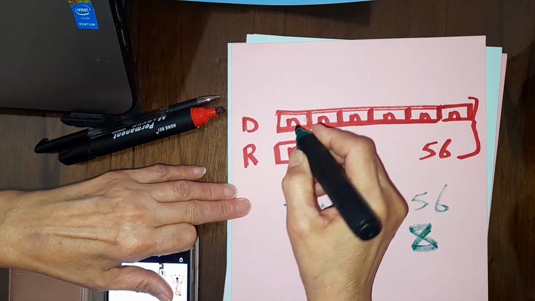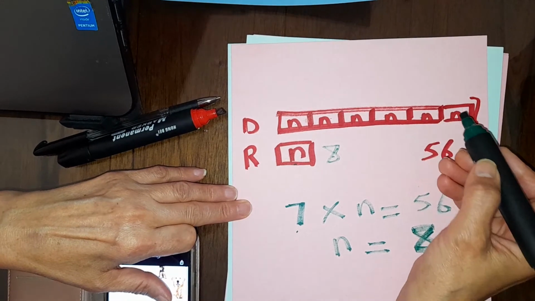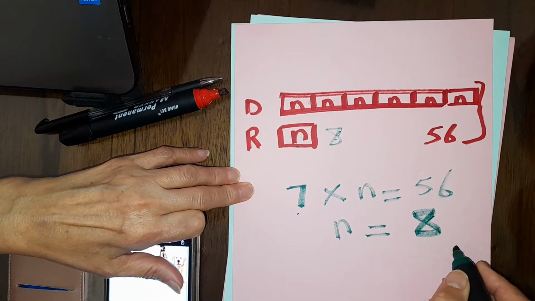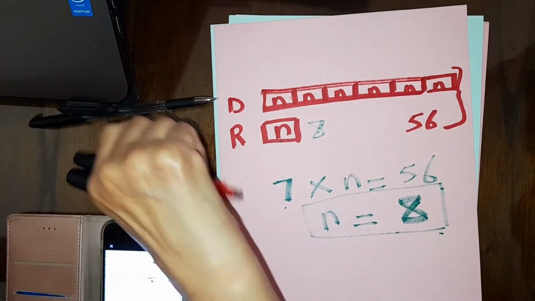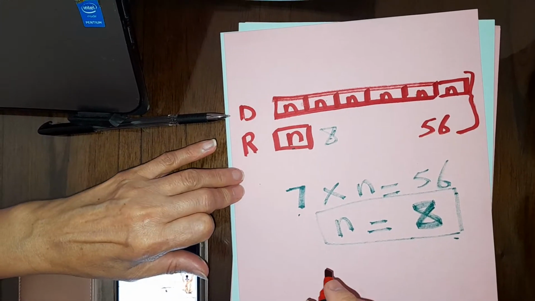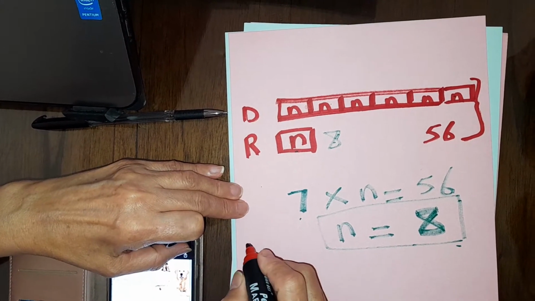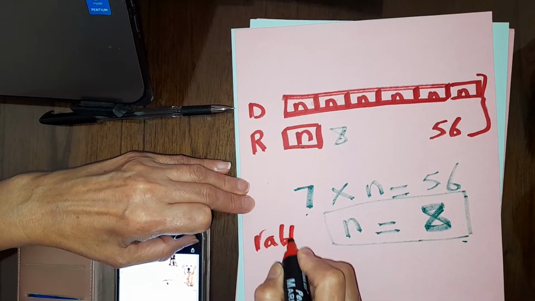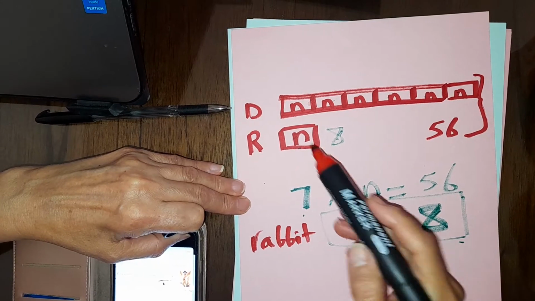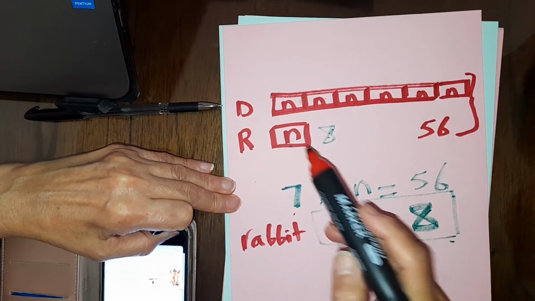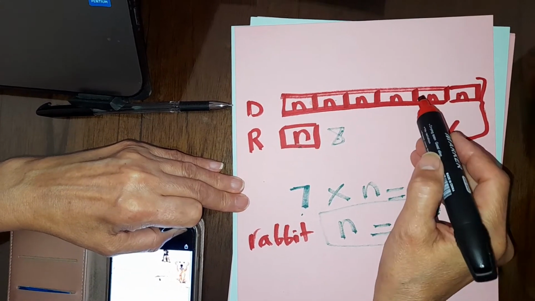Okay, this is 8, the rabbit. So for the dog, you repeat the 8 how many times? 1, 2, 3, 4, 5, 6.